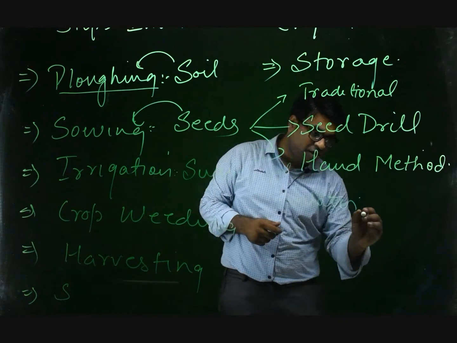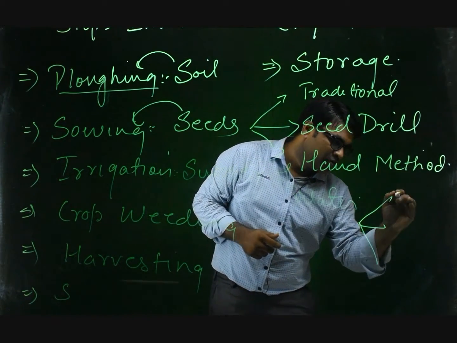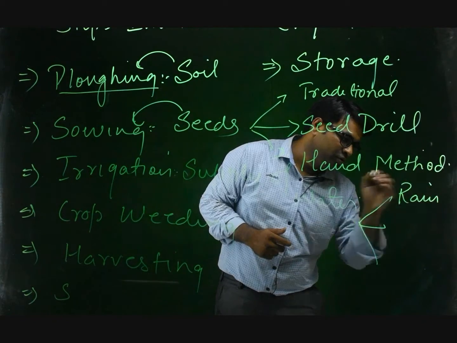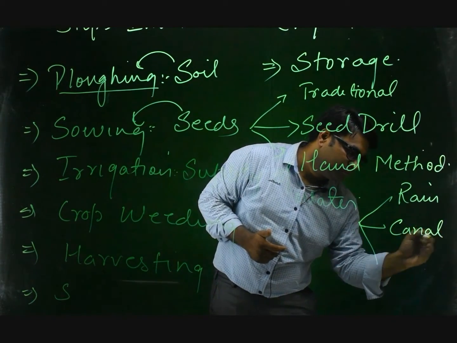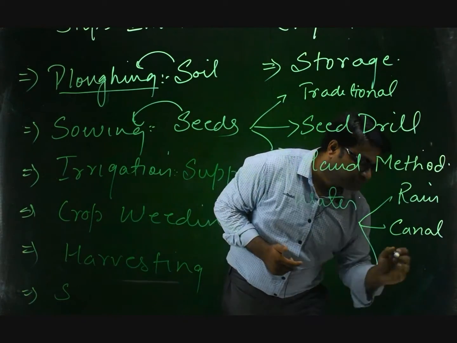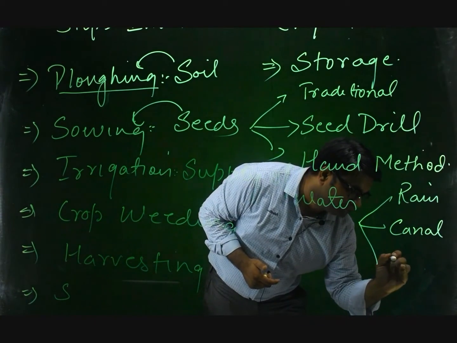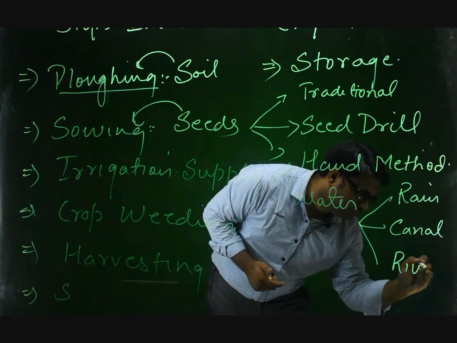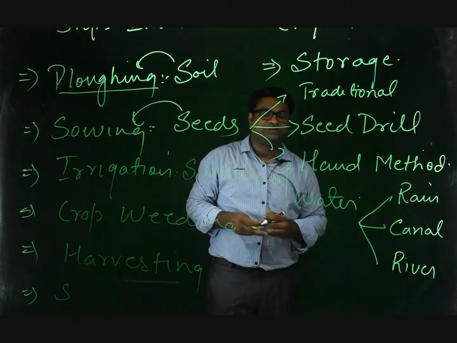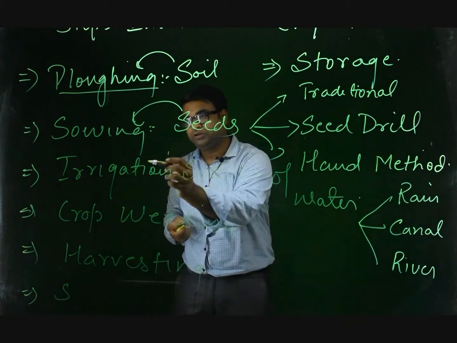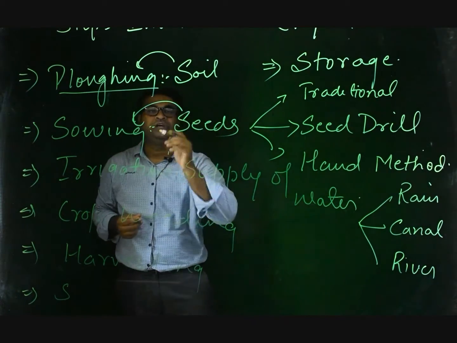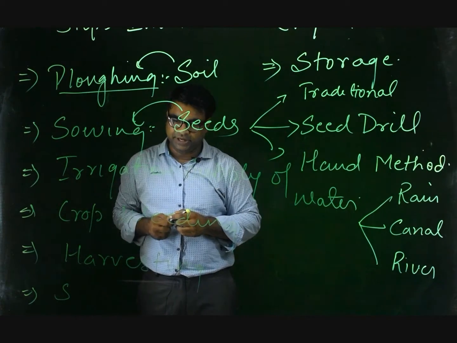These methods are rain, canal, river, and a lot of other methods through which we can supply water to the soil for the growing of the seeds.